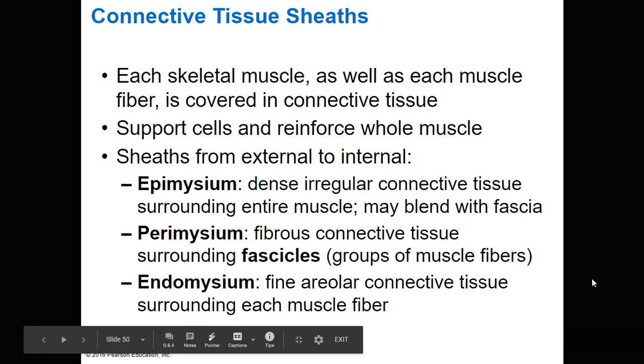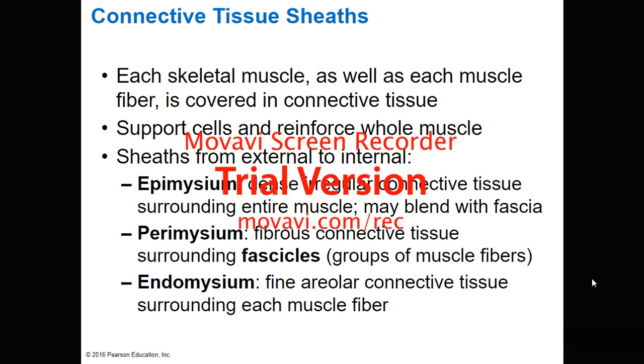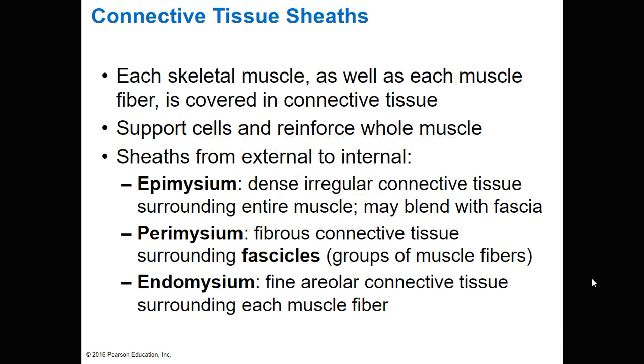Now remember that a muscle is composed of muscle cells, okay? And we call muscle cells fibers because the muscle cells are so elongated. But these muscle fibers are grouped into bundles called fascicles.